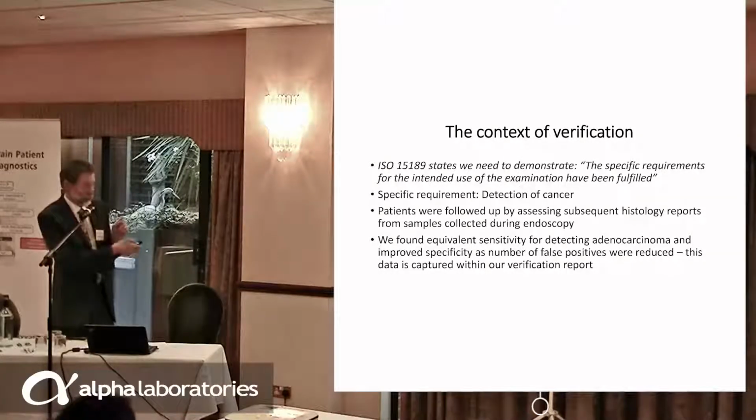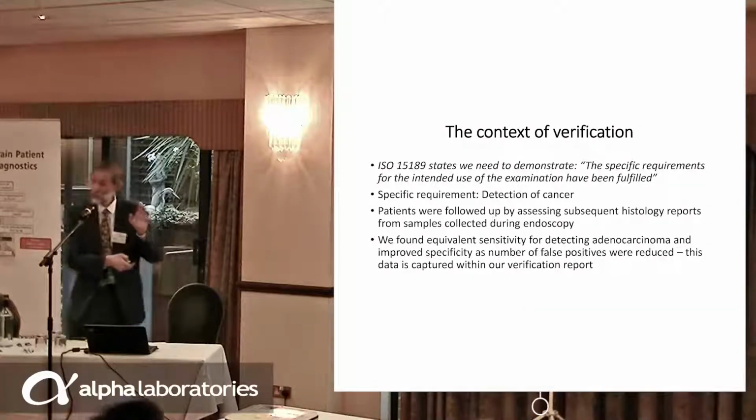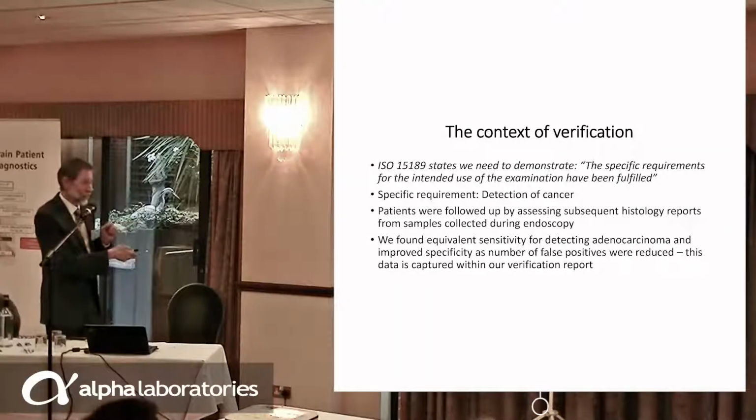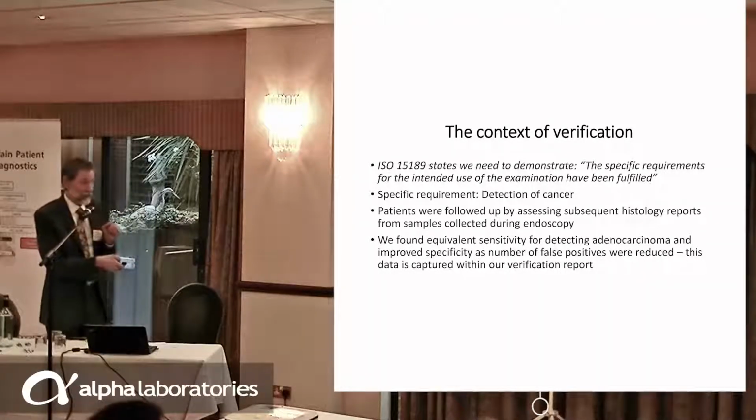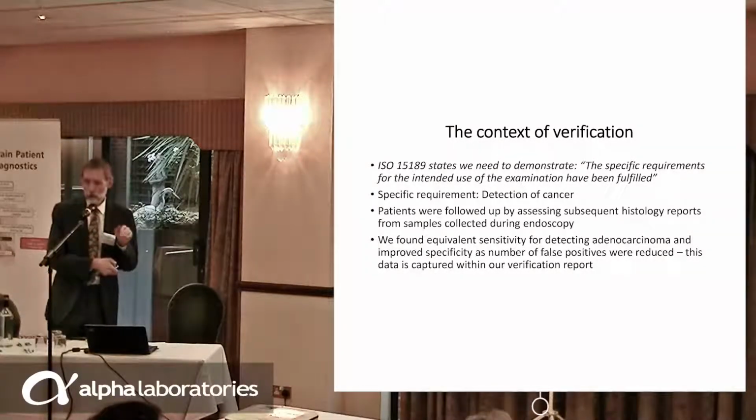Now, after all this morning's discussion, saying that this is for the detection of cancer may be a bit strong, but basically that's what you're trying to do, isn't it? But if you get all the histology data out, what we found was that it had equivalent sensitivity for picking up adenocarcinoma patients, but a much, much reduced number of false positives.